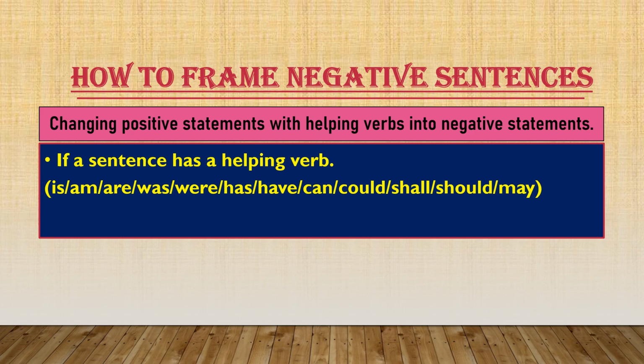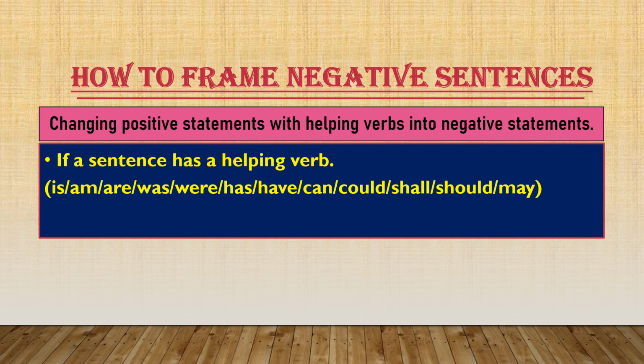Now, first of all, we need to discuss what a helping verb is. A helping verb helps the main verb. That is, it is used with the main action verb in the sentence to give a better meaning to the sentence.